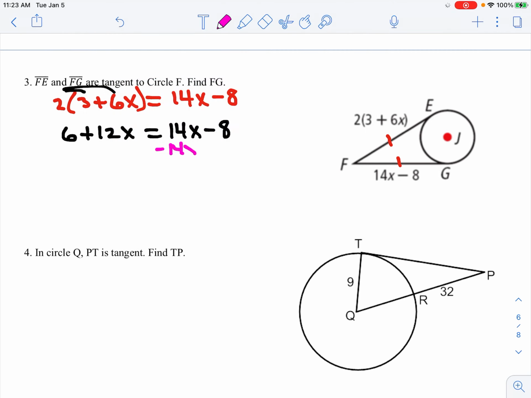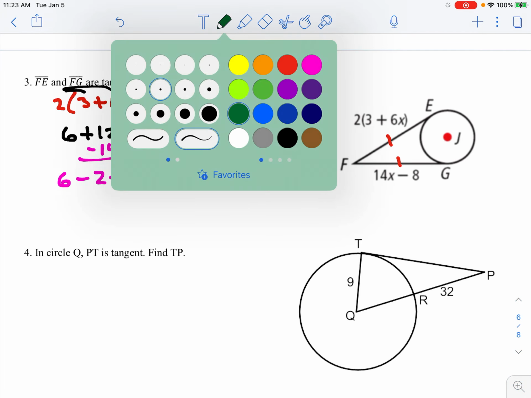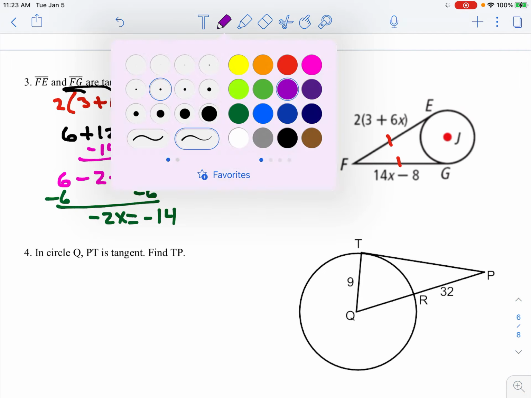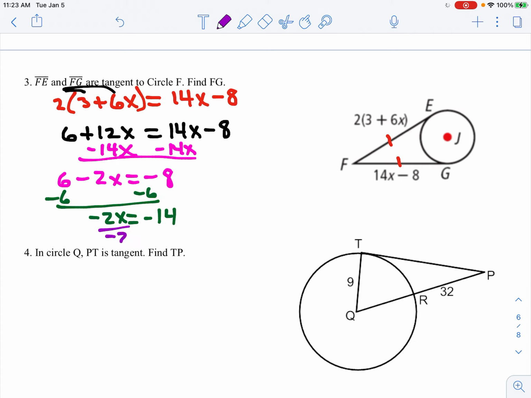Let's solve. Subtract 14x from both sides. I'm left with 6 minus 2x equals negative 8. Subtract 6. I'm left with negative 2x equals negative 14. Last, divide both sides by negative 2, and I get x to equal 7.